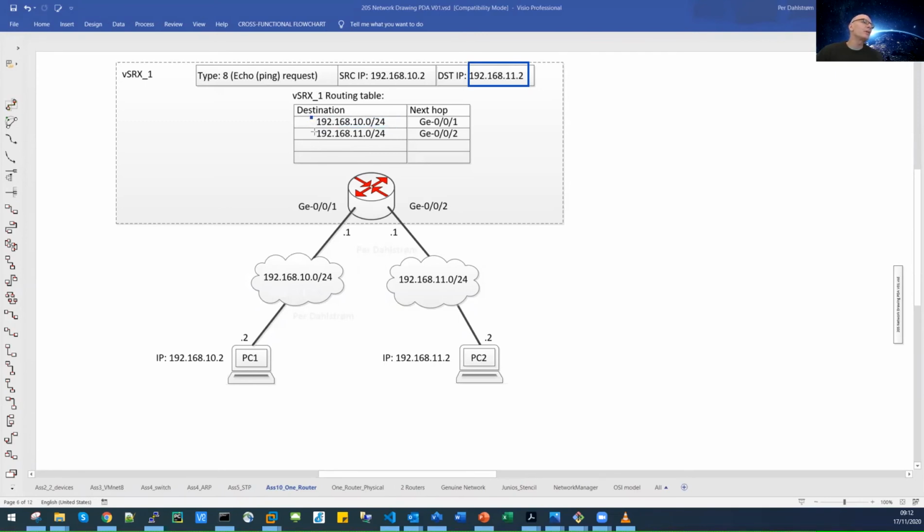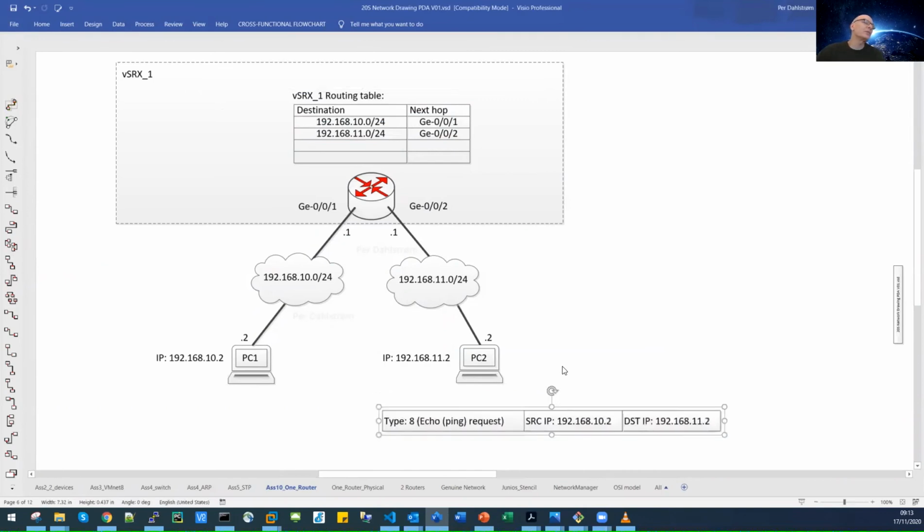No, it's probably not. I'll look at the next IP address in my routing destination column here, and the algorithm in the router will realize, okay, this is the best match I have for this destination. Okay, what interface do I have to ship this IP packet out on? And that is GE002. So the router will send the packet out, as we saw before, on GE002, which it has just realized is the correct route for this IP packet.